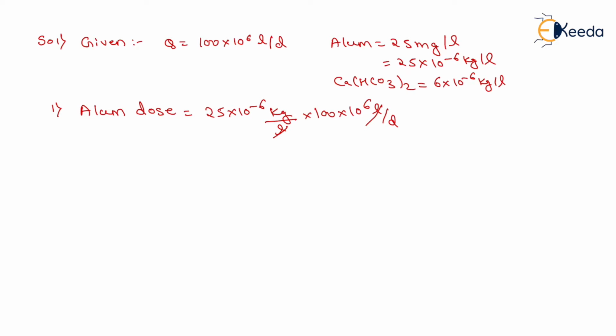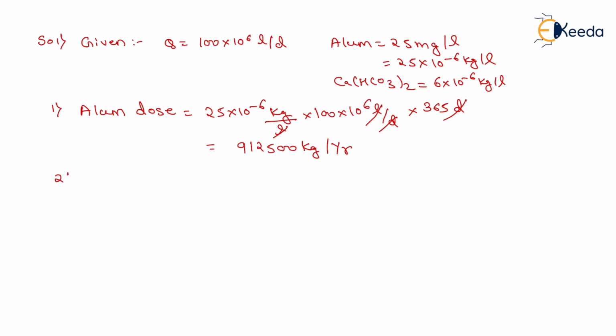Now we want to calculate the LM dose on a per year basis. So in 1 year there will be 365 days, and days to days also cancel out. If you solve all this, that is 25 into 10 to the power minus 6 into 10 to the power 6 into 100 into 365, you will get the LM dose on a per year basis, which will be equal to 912,500 kg per year. Okay, that will be the total LM dose required in 1 year.